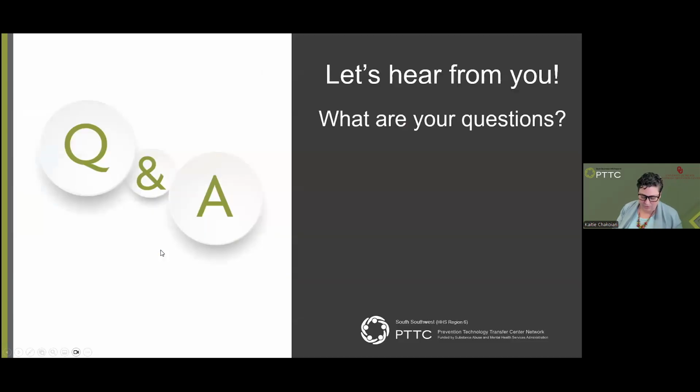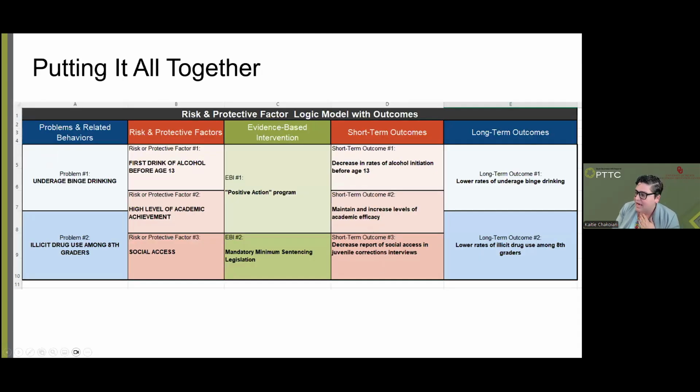And I'm adding, oops, excuse me, I clicked by accident, a long-term outcome that looks specifically at these rates of illicit drug use. So you can use the Excel to align across strategies, align across risk and protective factors as well. If you are someone like Debra, who the Excel just makes your ears sing, you can really go into it and use it to play with those pieces.